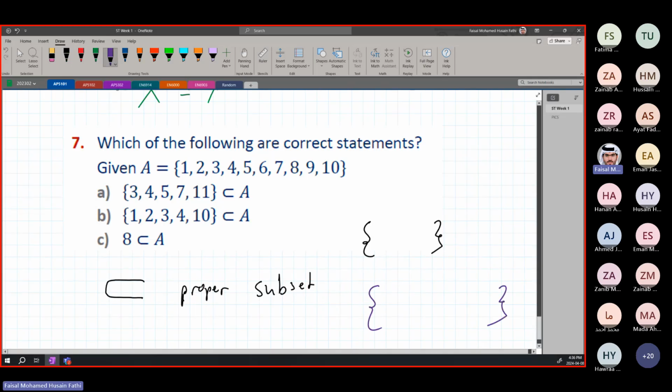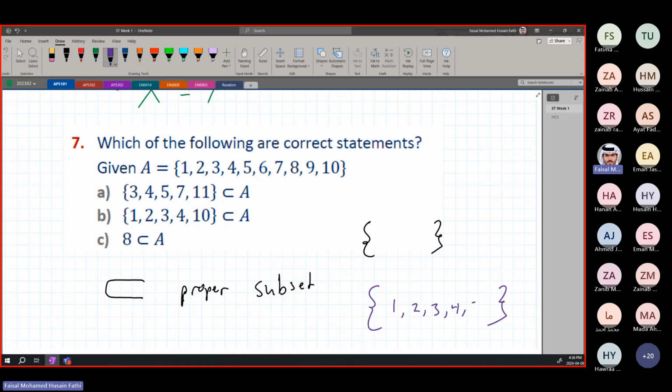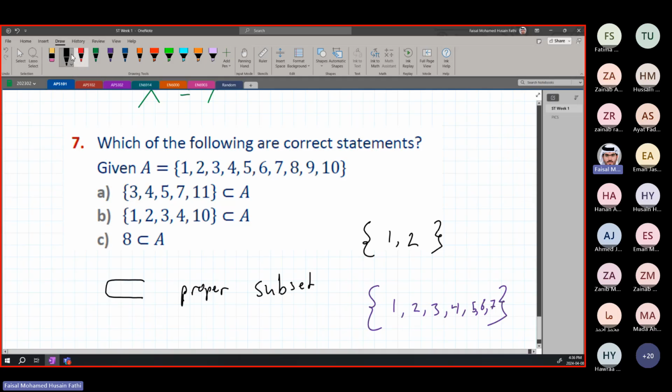For example, let's say we have the numbers 1, 2, 3, 4, 5, 6, 7. Okay? Let's say this is 1 and 2. So these are both sets. And then let's call the first one set A, and let's call the second one set B. All right?